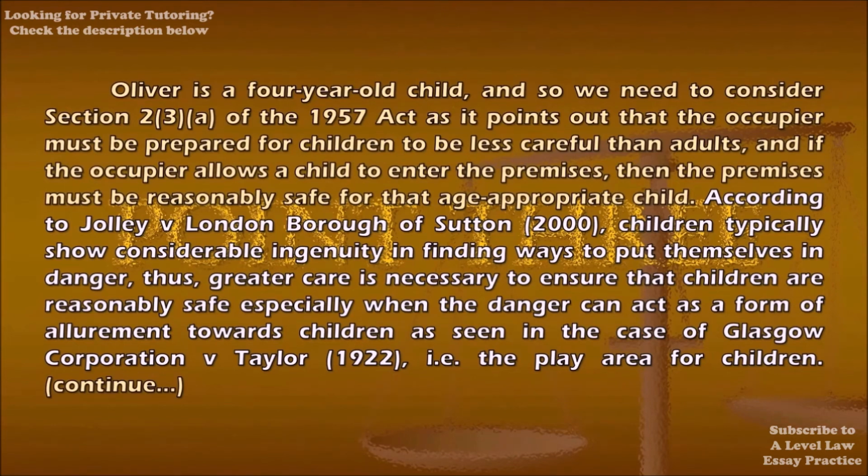Thus, greater care is necessary to ensure that children are reasonably safe, especially when the danger can act as a form of allurement towards children, as seen in the case of Glasgow Corporation v. Taylor, 1922, i.e., the play area for children.